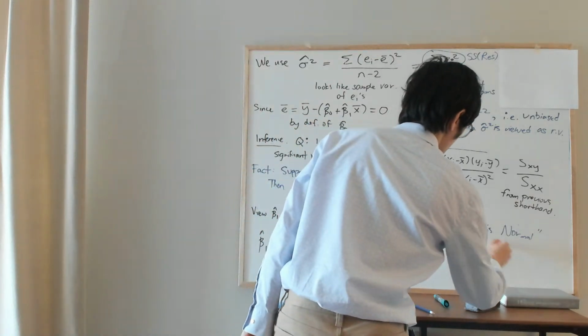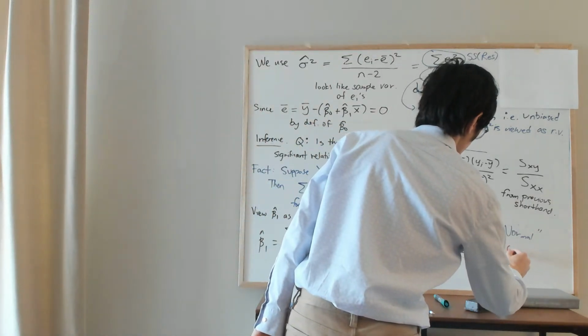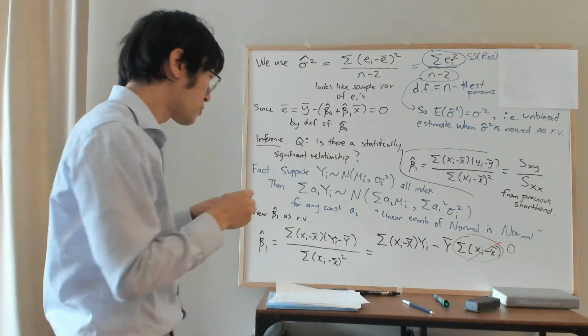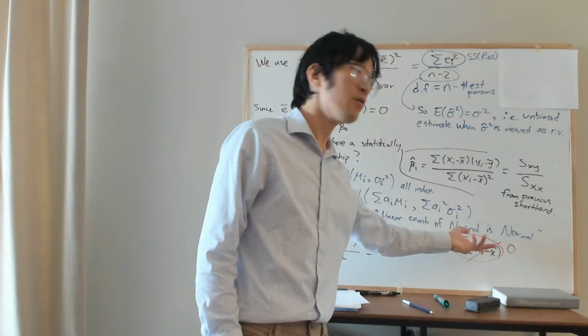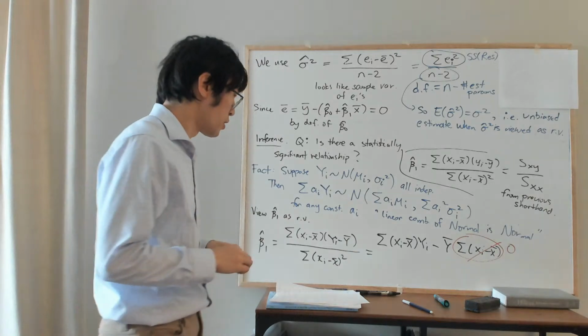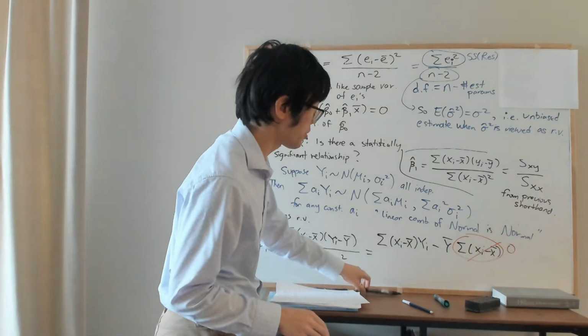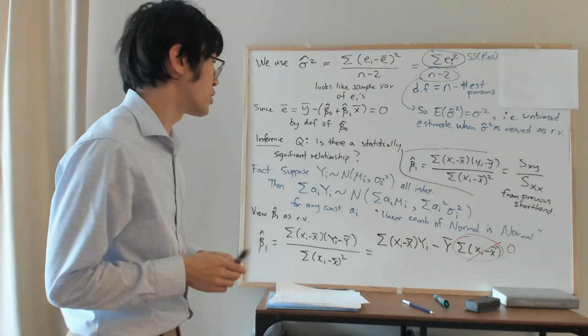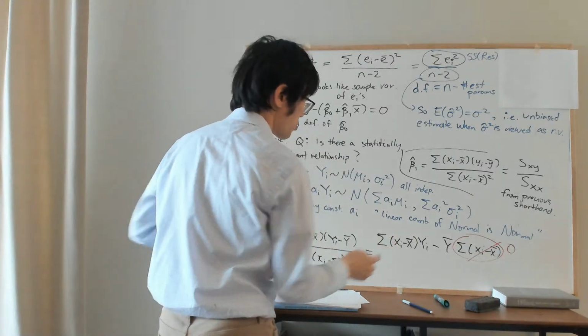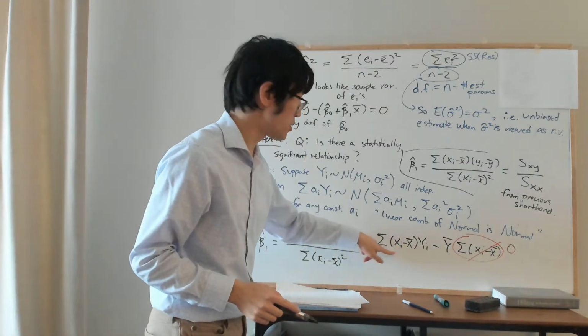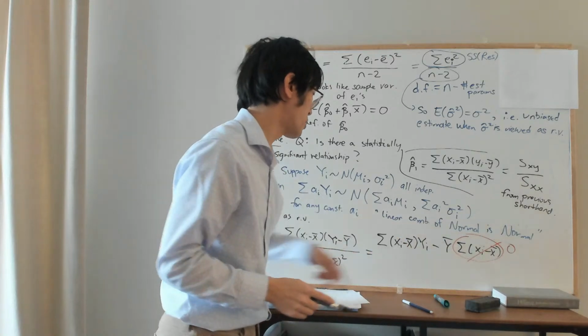So this goes away because it is just 0. Why? Because both of them sum to n times x bar, and you can see that by the definition of summation. In other words, my numerator can be expressed as the summation of xi minus x bar times yi.